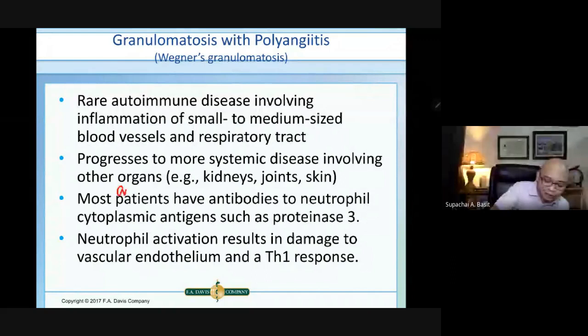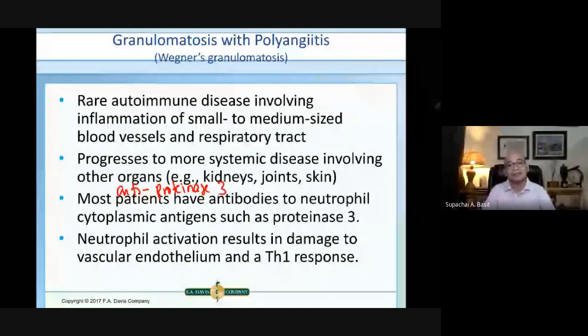So here, you will develop anti-proteinase 3. So what will happen? Neutrophil will be activated and it will result in damage to vascular endothelium as a response to T helper 1. So to diagnose this particular kind of autoimmune disease, then we have to look for the presence of ANCA.